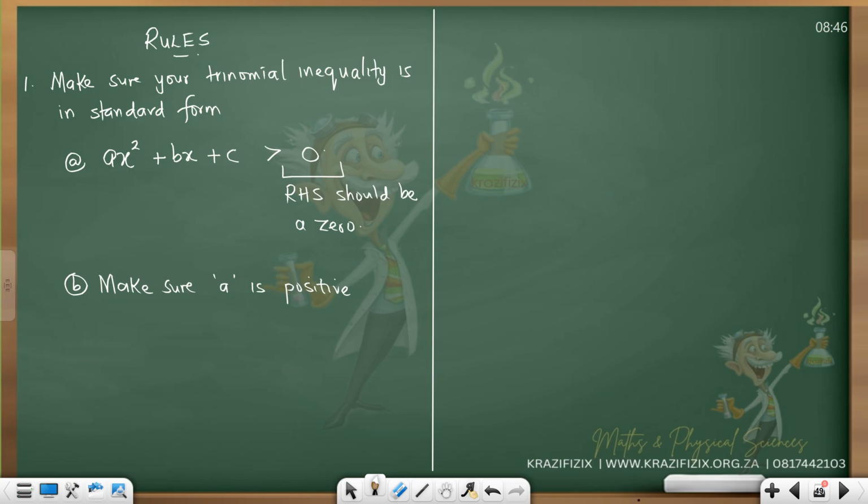That's going to make life very, very easy. And note here for this one, if a is negative, divide across by negative 1 and change the inequality sign.